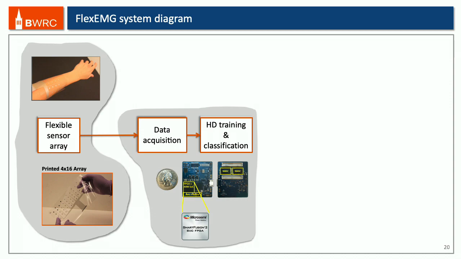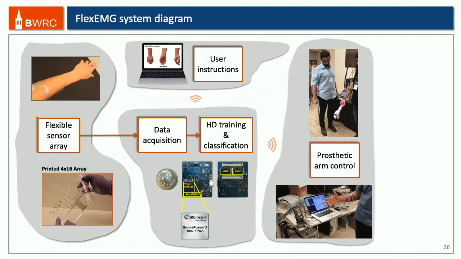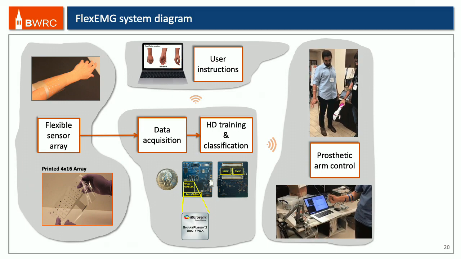It also has an onboard FPGA, on which we have implemented our learning and classification algorithm called hyperdimensional computing. We use the PC only to show the user the sequence of gestures for training, and then we can do classification and everything on board, and then transmit the gesture to the actuator, be it a prosthetic arm or a robotic arm and so on.